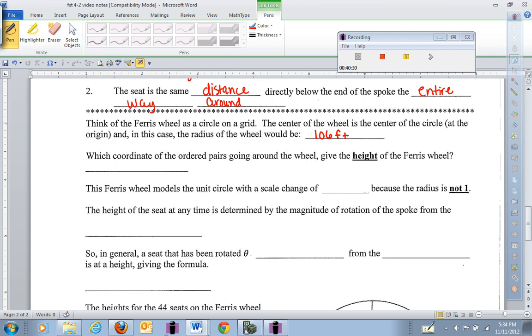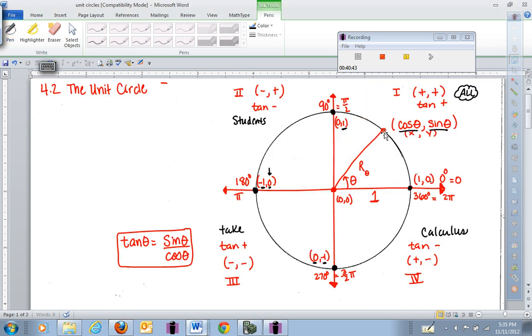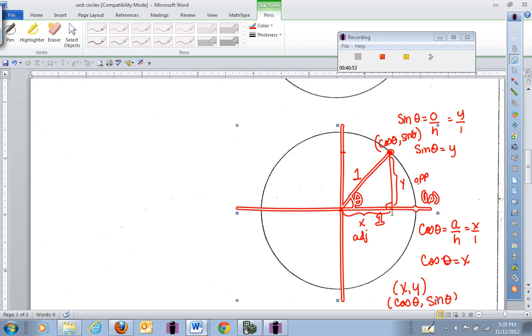Okay? Which coordinate of the ordered pairs going around the wheel are going to give the height of the Ferris wheel? Well, if we think of that on our unit circle, draw my unit circle here. Go down to this one. Okay, this is the length. Oh my.